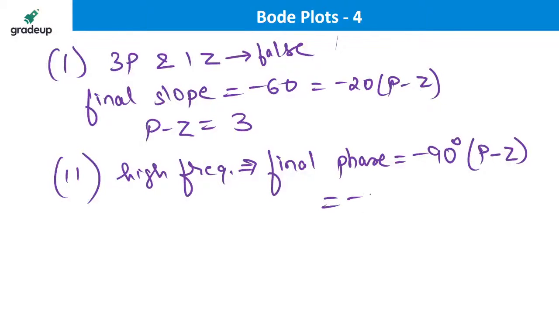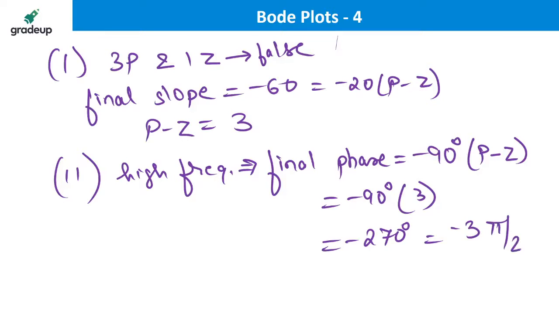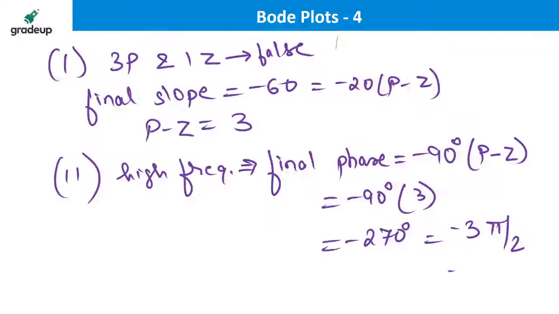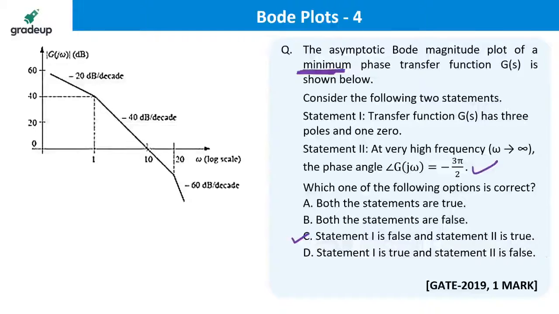P minus Z is 3, so minus 270 degree, or minus 3 pi by 2 as per the radian option. This is correct, so statement 2 is true. Option number C: statement 1 is false, statement 2 is true. Please recheck, not everyone gave the correct answer. See where you went wrong. It is a basic concept, and similar was asked in GATE 19 last year. Take the screenshot.